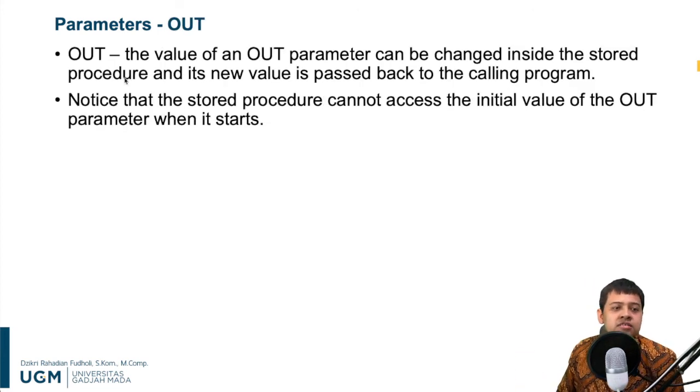For the OUT parameter, the value of an OUT parameter can be changed inside the stored procedure, and its new value is passed back to the calling program. So it's like a return if you are using Python or any other programs. Notice that the stored procedure cannot access the initial value of the OUT parameter when it starts. So the OUT value is available at the end.